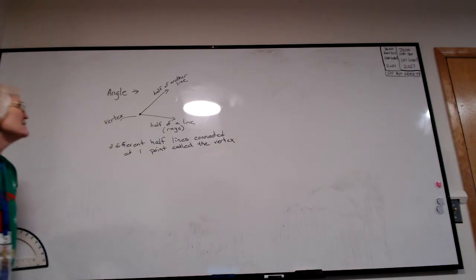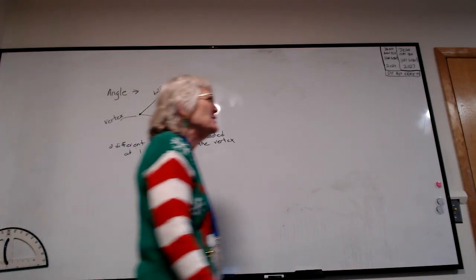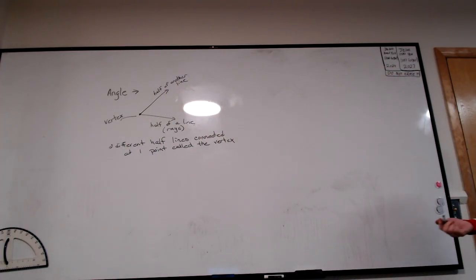Okay, so that's really the definition of that. We use angles a ton. That's something that's just used all over the place. Lines we use somewhat. We talk about lines when we're talking about distances, or when we draw pictures, those kind of things. So lines are used a lot. Angles are used when we're talking about different shapes that we have. We can have different angles.